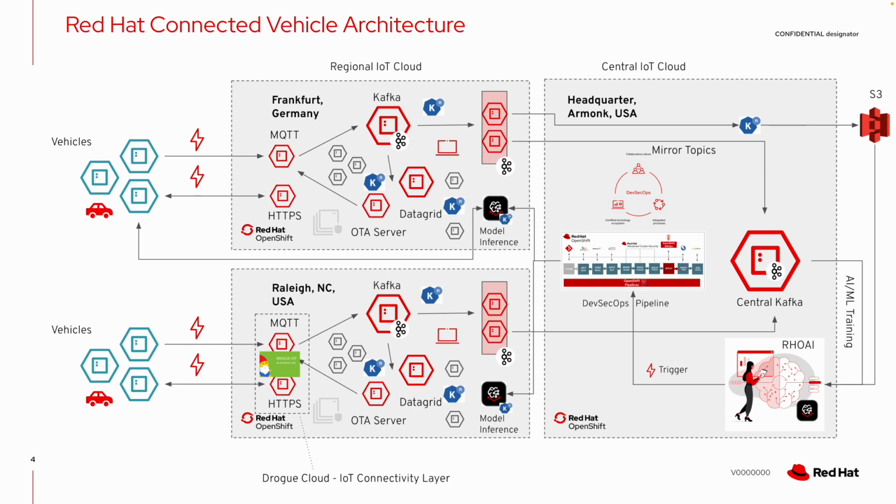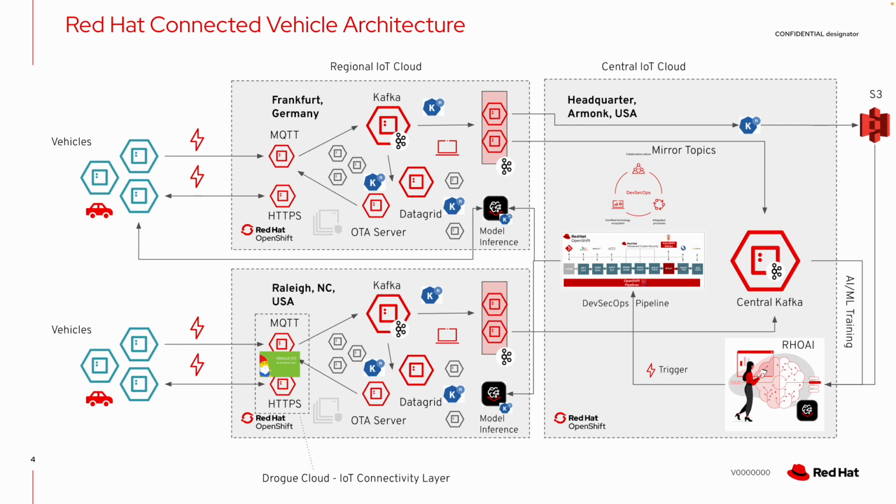I use this project, which is also an upstream IoT project, as the connectivity stack to onboard vehicles and also use it for communicating from the vehicles to the regional cloud environments and also the way back. So the data coming from the vehicles is stored in the central Kafka of the regional IoT cloud environment.